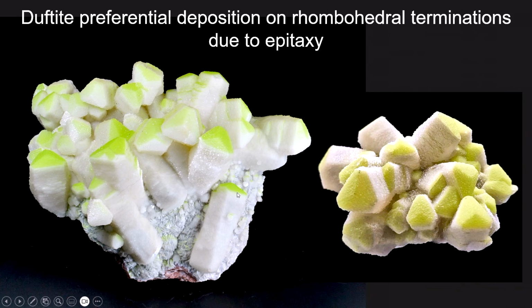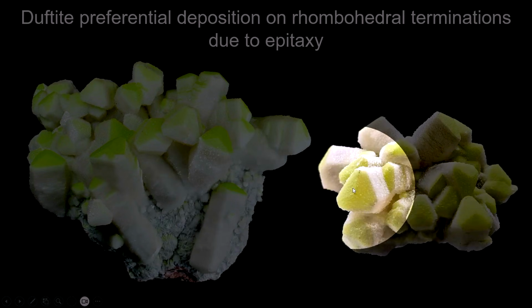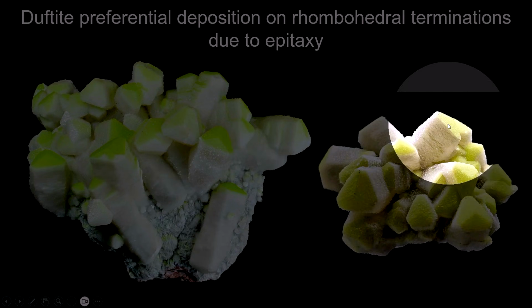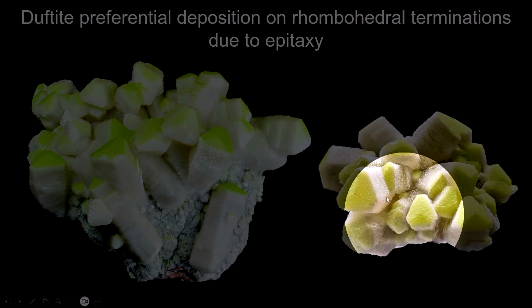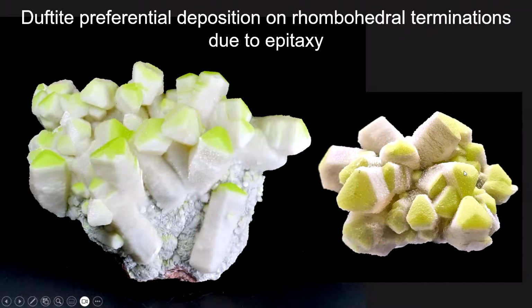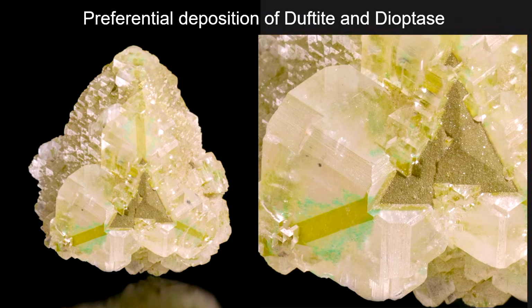And though one might think that this could be due to directional flow through the pocket during the formation, if you look at the specimen on the right, you can see that the prismatic crystals are really facing in every direction, and only the terminations are coated with the duftite. So it really does look like it's due to epitaxy rather than just directional flow in the pocket.